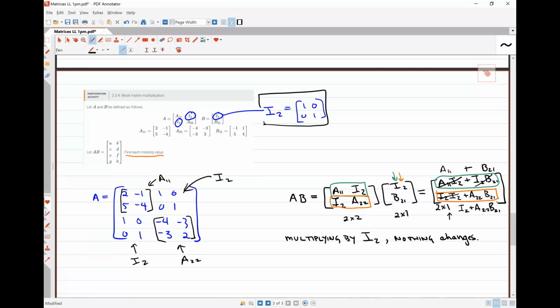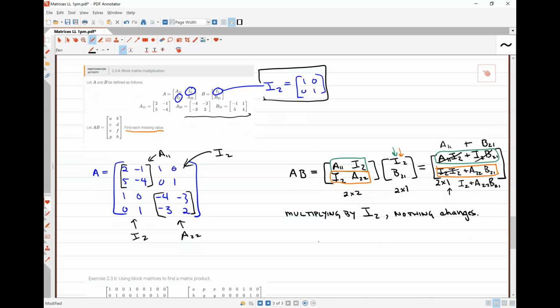We have to do one product of 2 matrices, but it's not too bad. Multiplying 2 2x2 matrices, which is what these two things are, A22 and B21, is a lot less exhausting than multiplying 2 4x4 matrices, right? Because 2 cubed is 8, 4 cubed is whatever that is.